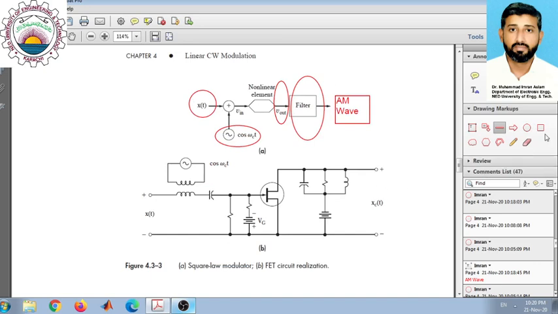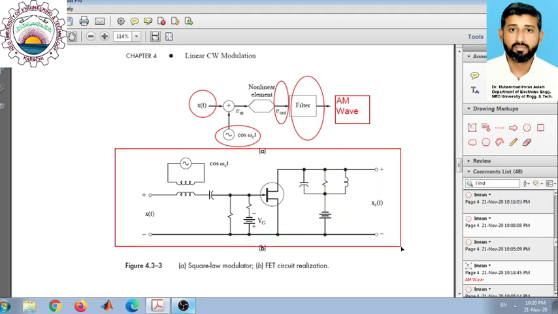element. The physical realization of this non-linear circuit is shown in this figure. This is an FET based circuit. So the first part is actually this. This first part is representing that non-linear element. You can see that x(t) and cos omega_c t are here. By using this transformer, we actually add up these two signals, cos omega_c t and x(t).